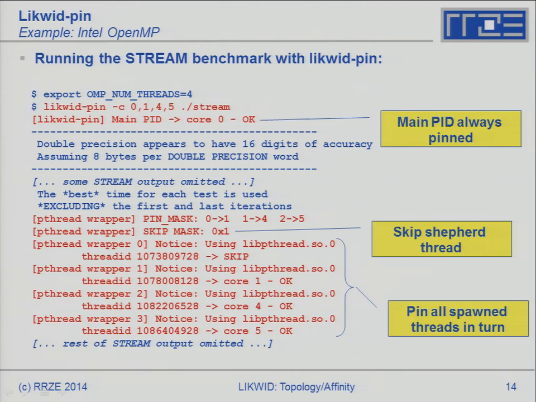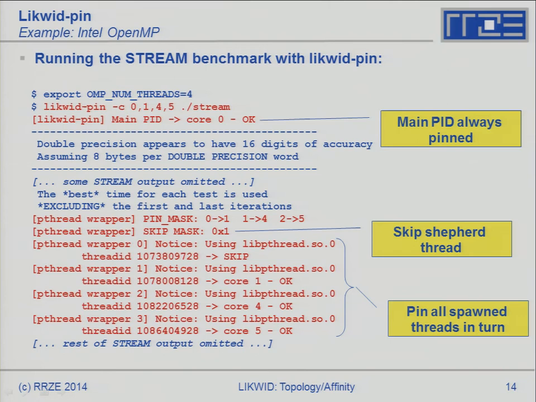So here's an example of how you execute it. We set the number of threads. Actually, you don't strictly have to do this. If you don't set the num threads variable, LIKWID pin will set it for you. If it detects there's no OpenMP num threads being set, it sets the variable automatically. We call stream, the stream benchmark, with a core list of 4 cores, 0, 1, 4, 5 physical cores. And you see the first output that you get is from LIKWID pin.